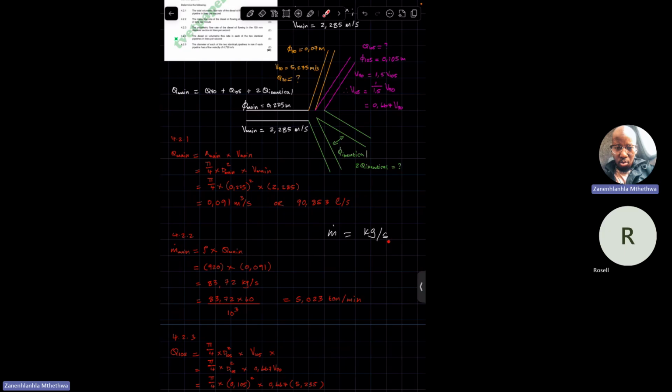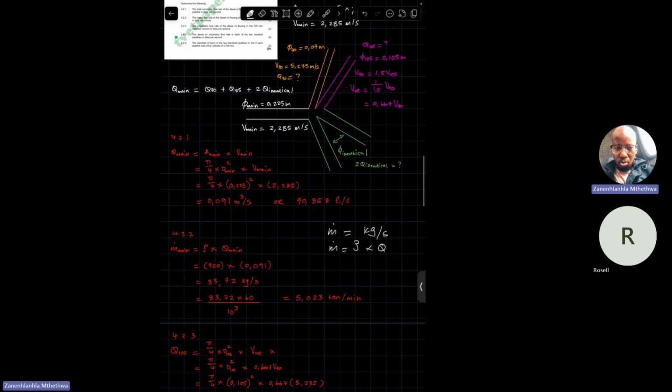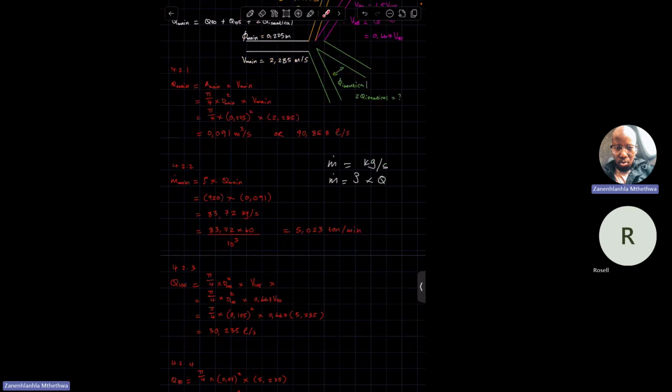And the way you calculate mass flow rate, excuse me, I've got terrible flu. So mass flow rate will be the density of the fluid times Q. Right, so that is how you calculate the mass flow rate.